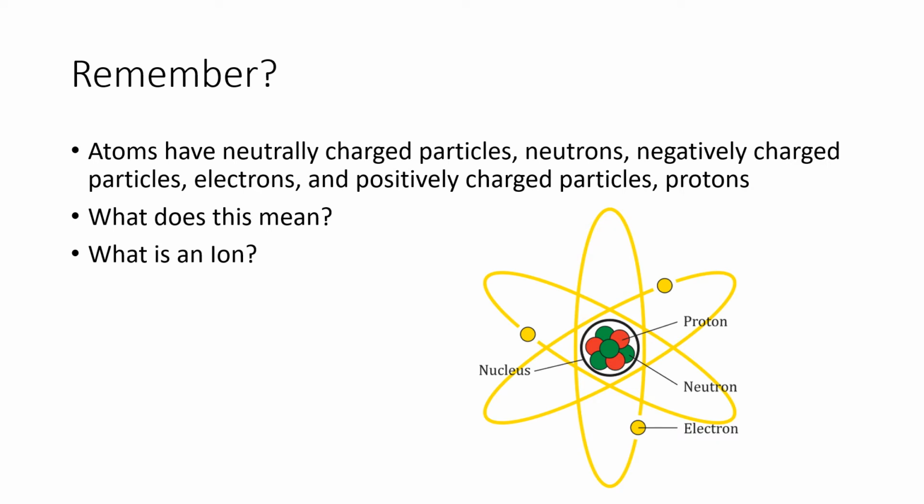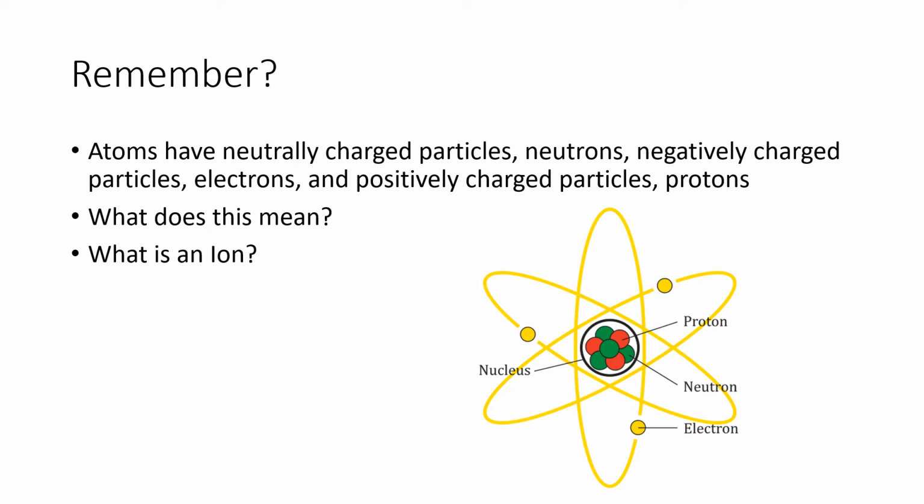I want you to remember a concept that we have talked about in the last lesson. Here we have a picture of an atom. What is an atom? Well, we know that an atom has three subatomic particles. In the nucleus, referring to the center here, we have a proton and a neutron.